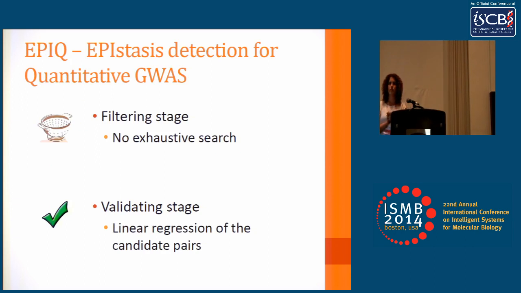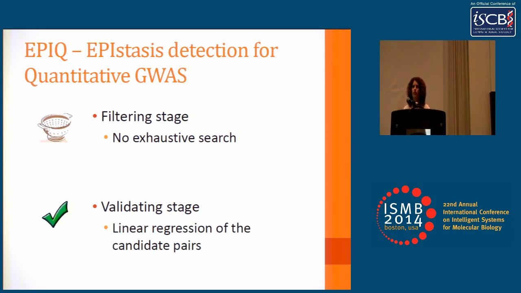And that test that I just described has to be performed for each pair of SNPs separately. Now comes our tool, EPIQ, which is epistatic detection for quantitative GWAS. And that is the first tool that doesn't require an exhaustive search for all possible pairs.